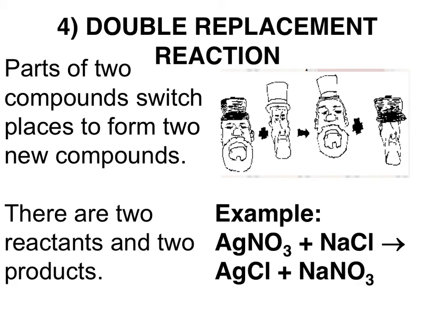So in this case, you start out with silver nitrate and sodium chloride, and then the silver and the sodium essentially switch spots so that you have silver chloride and sodium nitrate. So double replacement is where two compounds rearrange their order so that both of them are slightly different than what they started with.